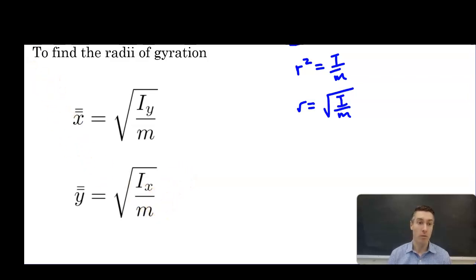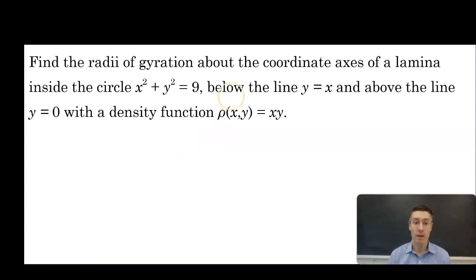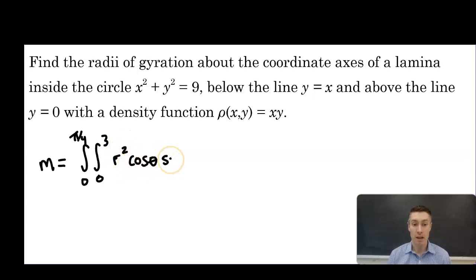Okay, so let's look at that same example, and now just finding the radius of gyration, or radii of gyration, I should say. That means we do need to find the mass. So same bounds, 0 to 3, 0 to pi over 4. Now we're just integrating the density function, so r squared cos theta sine theta, and then times r dr d theta.